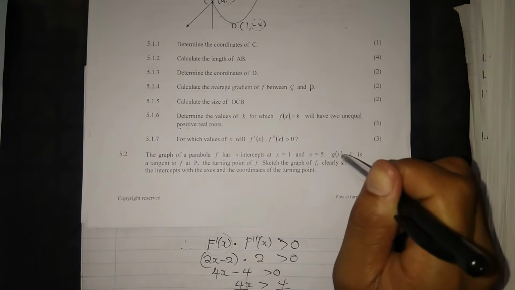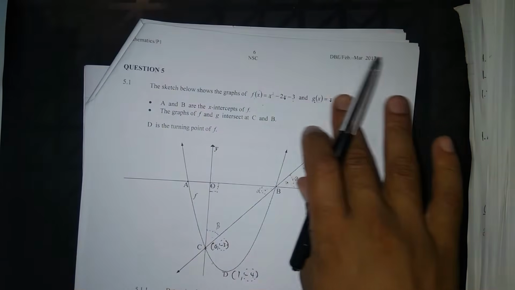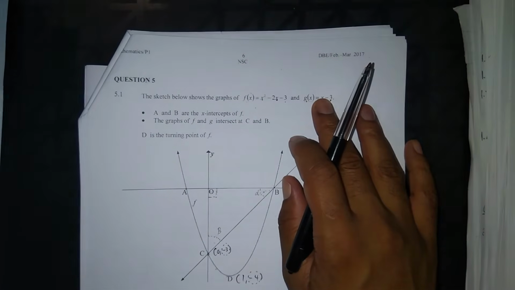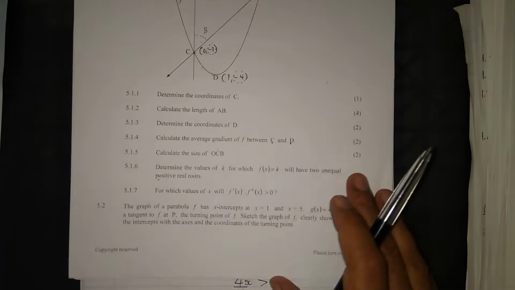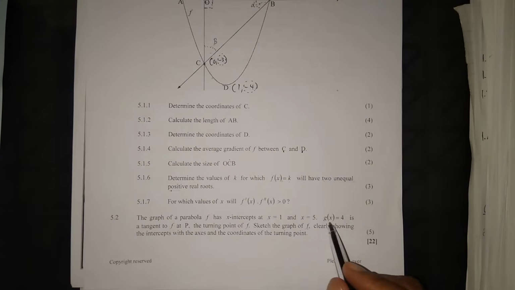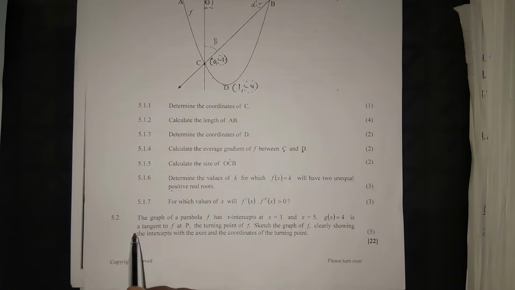Then for g of x, g of x is equal to 4, is a tangent to f at p, the turning point of f. Sketch the function of f clearly showing the intercepts with the x-axis and the coordinates of the turning point. So this is our function.